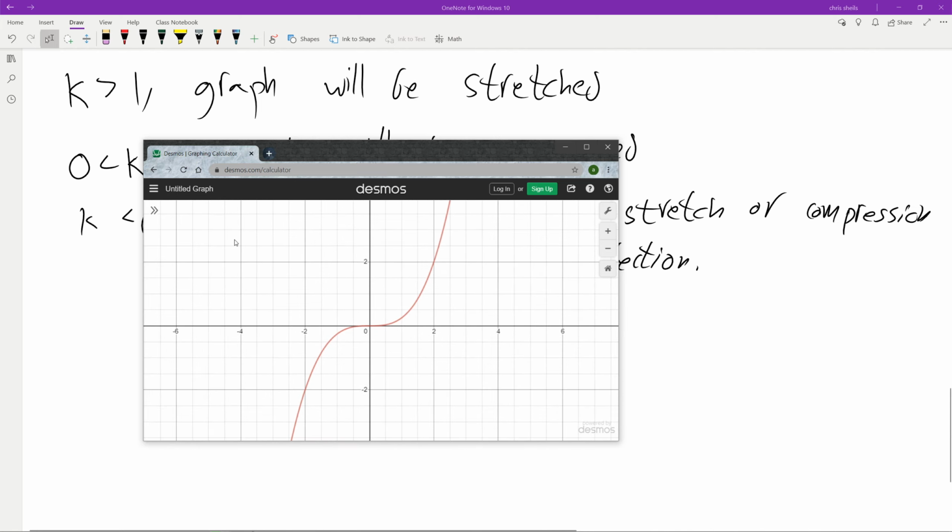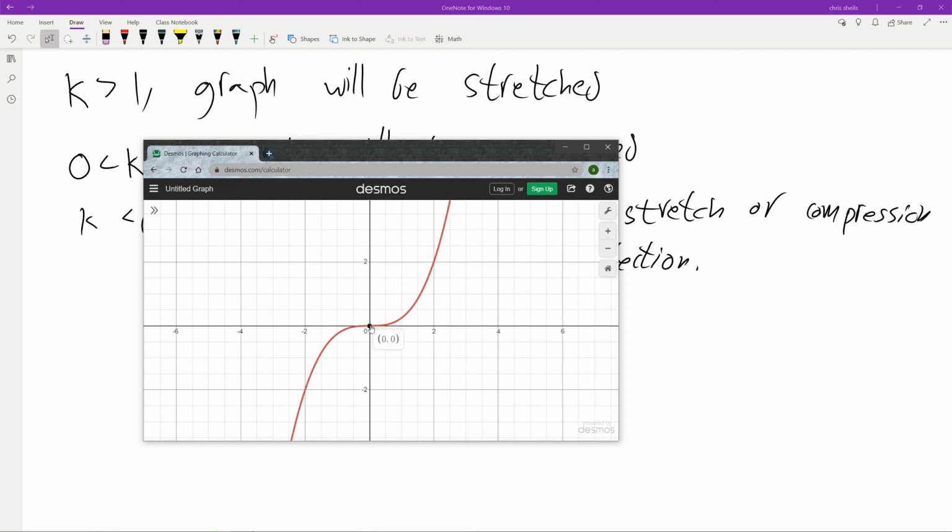That's one of our toolkit functions, as they're called. This is a stretch or a compression of x cubed. In order to determine what's going on here, let's find a point on this graph.